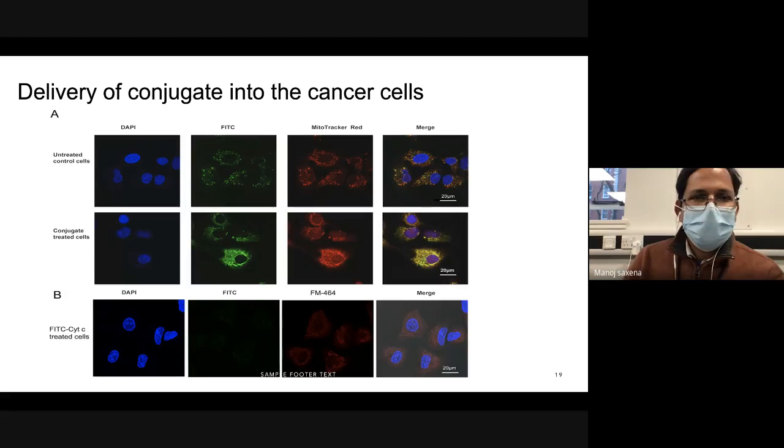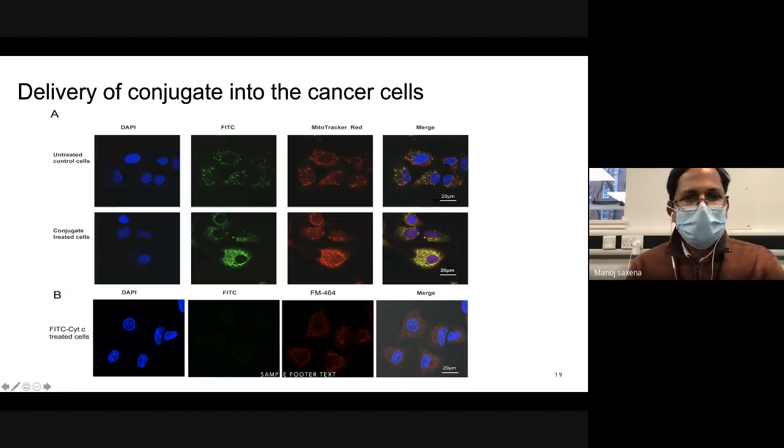So these studies were done on cancer cells, specifically the lung cancer cell A549, and what you're looking at is a panel of different cells in which the cells were treated either with a control, that means there is no conjugate, just PBS, which is a buffer, or the cells were treated with the conjugate, or you have cytochrome C alone treatment.